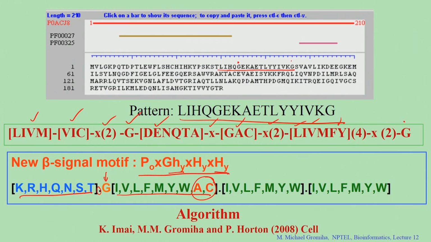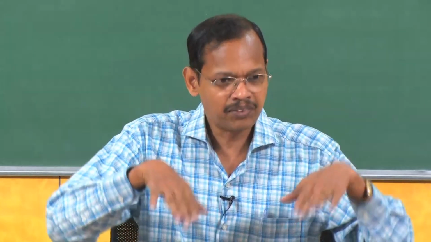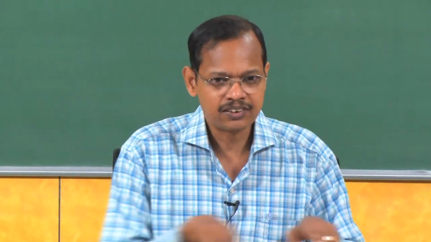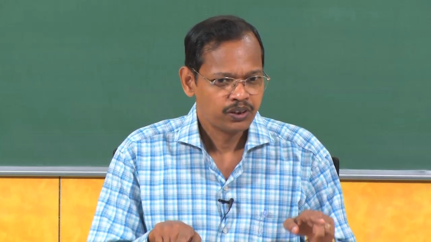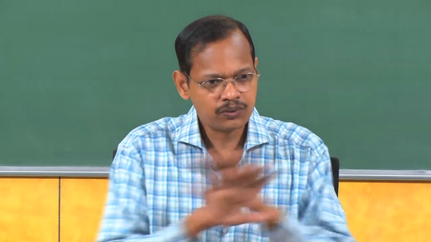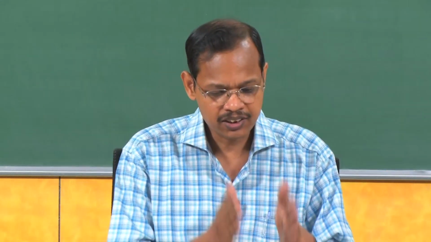Or the other way, first download all the beta barrel membrane proteins, and then see whether this pattern is available or not. There are two options: you can search the whole sequence, or you can see whether this is important at the N terminal or the C terminal, mainly the C terminal for the insertion. You can take the C terminal 40 residues and see whether the pattern is available or not. Fine. If you find this pattern, then you are happy.